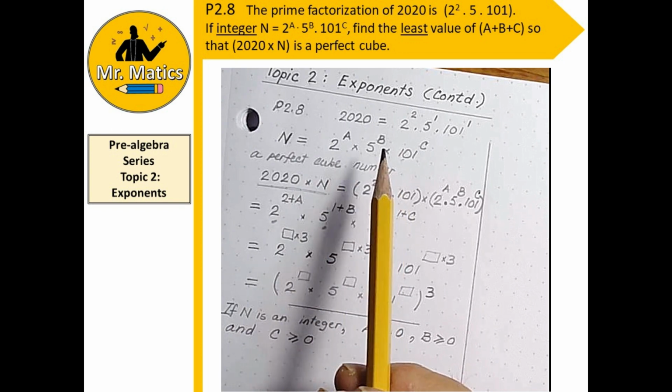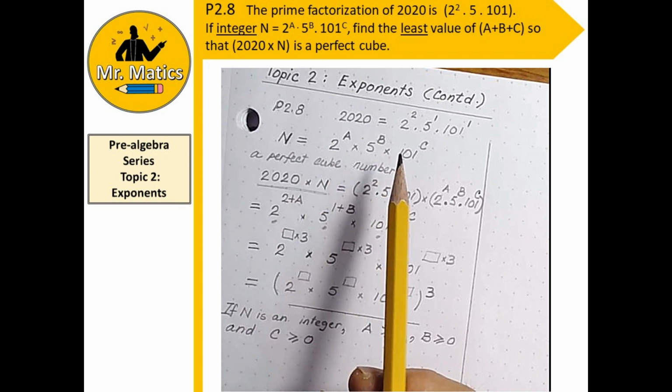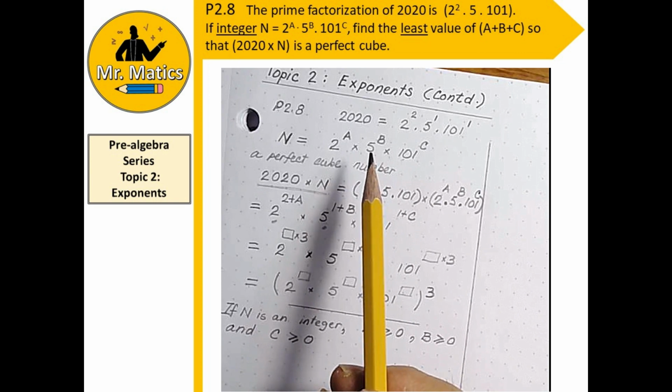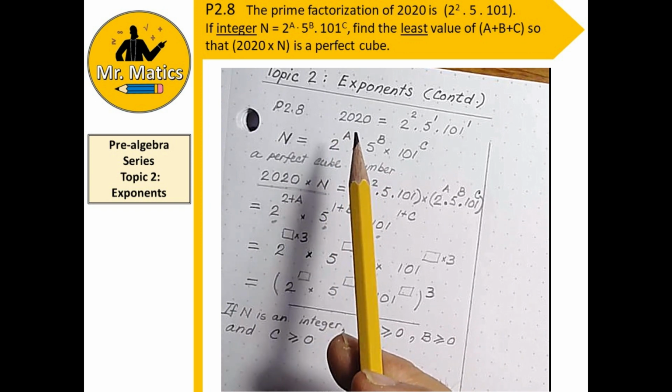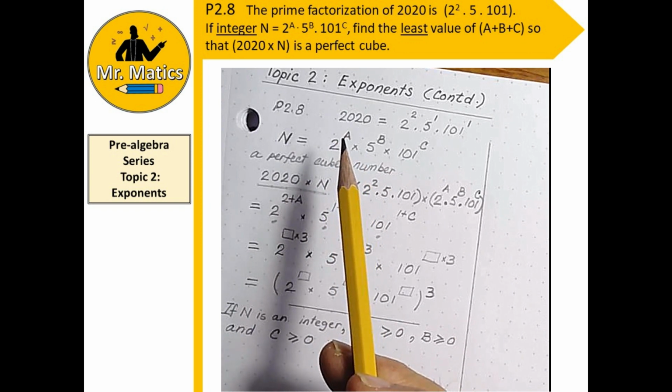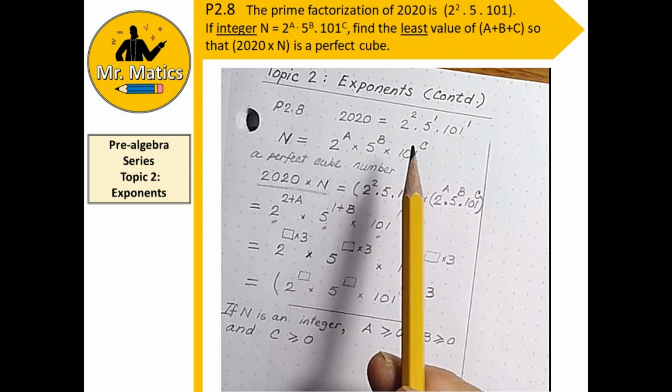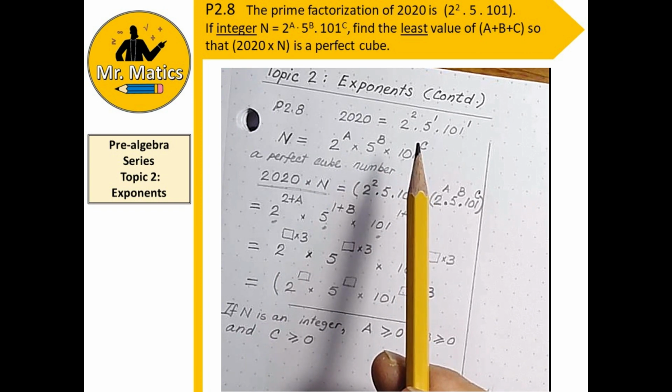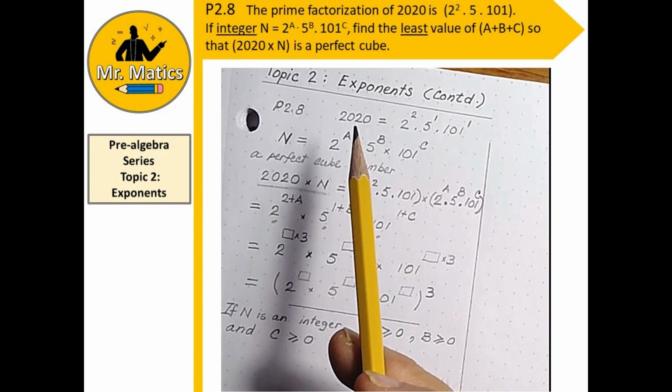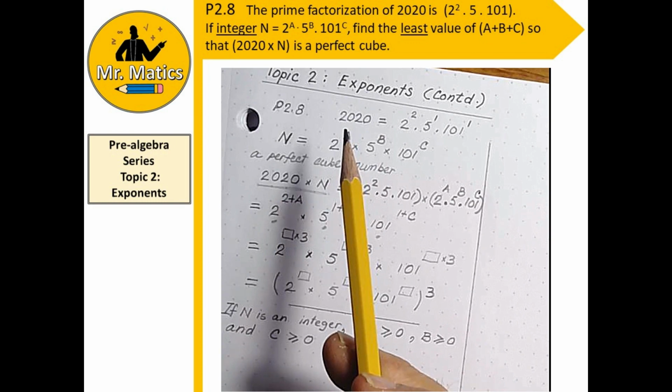And we know that 101 and 5 are prime numbers, and when divided by 2 they will not become an integer. So any negative number in place of a or b or c will result in a fraction which is not an integer.